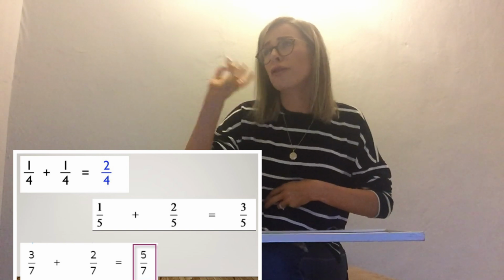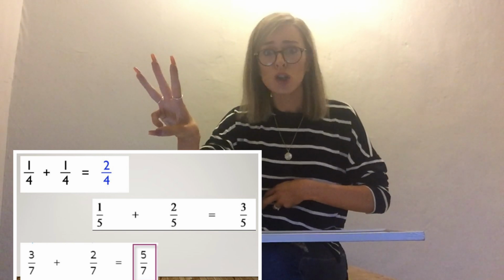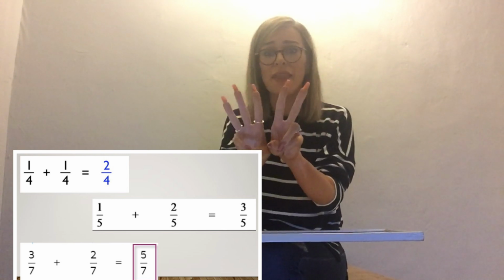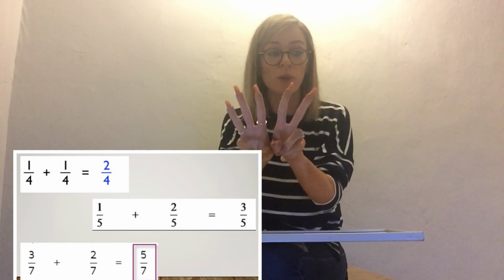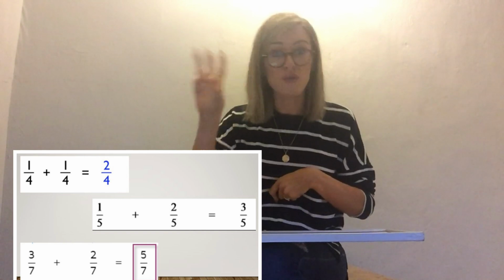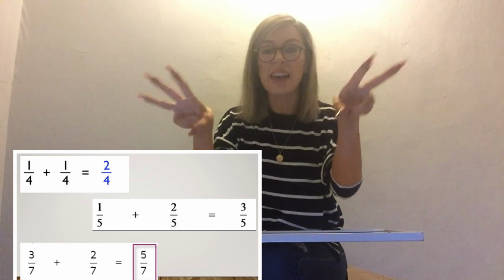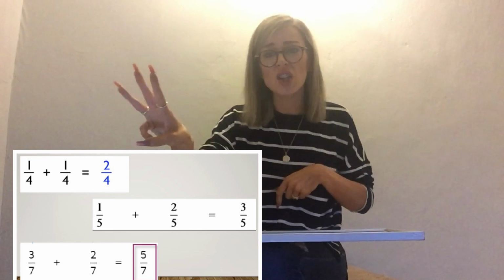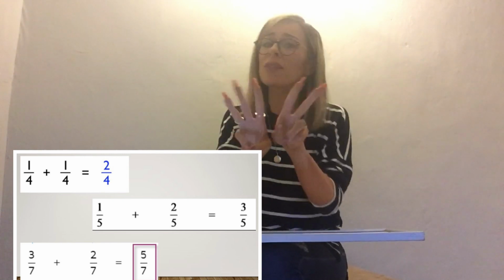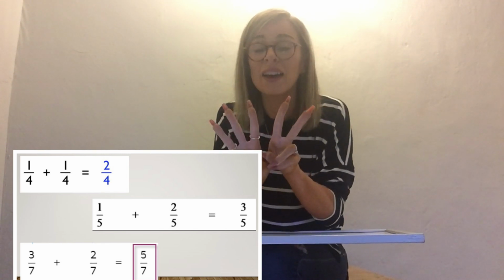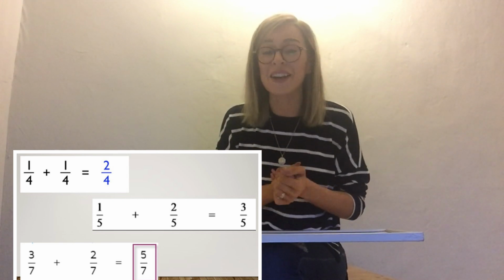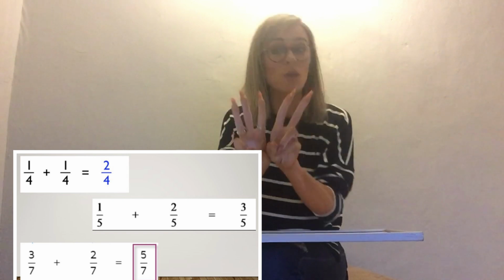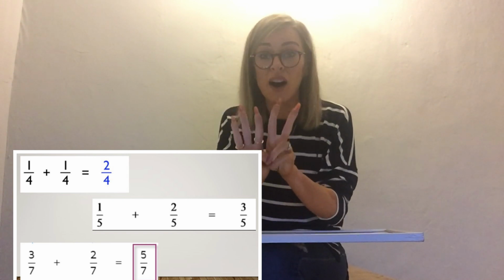If you've got 3 toothbrushes and 2 toothbrushes, you've got 5 toothbrushes. 3 chairs and 2 chairs makes 5 chairs. 3 children and 2 children is 5 children. Well done. So if you've got 3 sevenths and 2 sevenths and you add them together, you've got 5 sevenths.